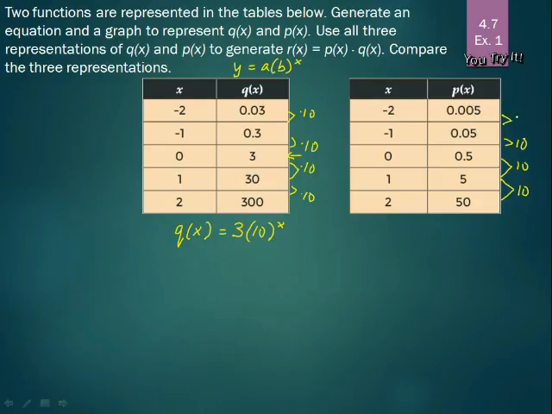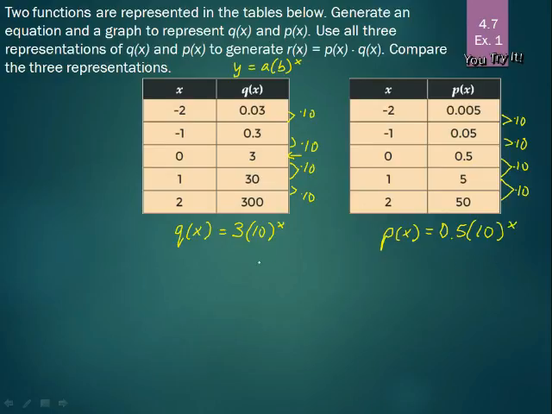So it essentially multiplies by 10 every single time, or divides by 10 if you're going down as the x values get smaller. So p of x equals the y-intercept, which in this case is (0, 1/2), so 1/2 times 10 to the x. And so here we have our two equations.